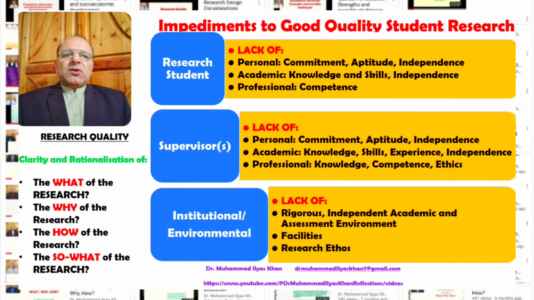Then the academic knowledge of the supervisor plays an important role. The academic knowledge in the particular field of research, their skills as accomplished researchers, their experience in terms of conducting research and in terms of supervising different types of research in their field is very important.